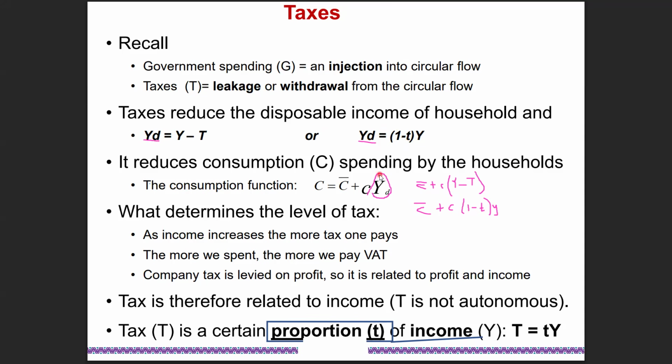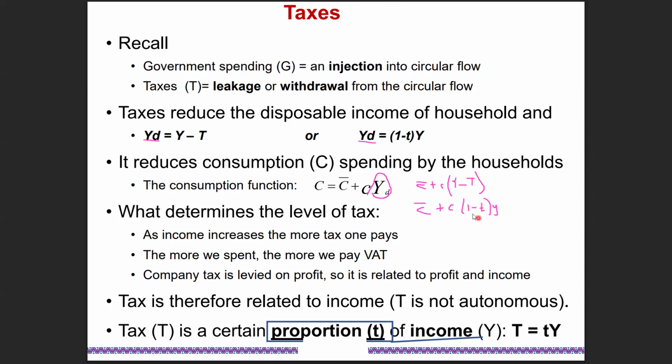And then this formula changes to C plus c, for autonomous consumption plus small letter c for MPC, open bracket, Y minus T. And this Y minus T is for disposable income. Or you can just say autonomous consumption plus c times 1 minus t times Y, and this represents the disposable income.